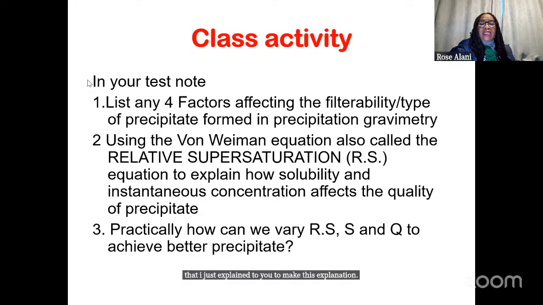Now, practically, how can we vary RS? How can we vary S? And how can we vary Q to achieve better precipitation? I believe if you understand what I just explained to you, you will know what to do. See what to do to make Q smaller, and see what to do to make S higher, and so on.